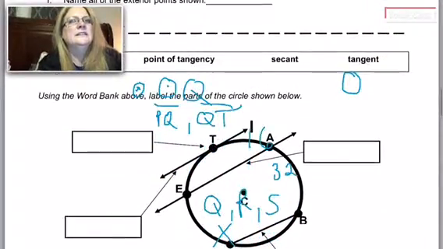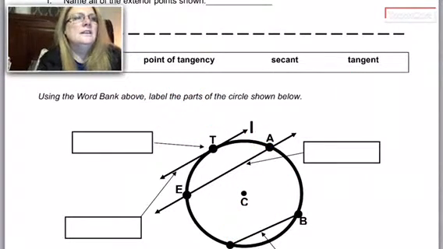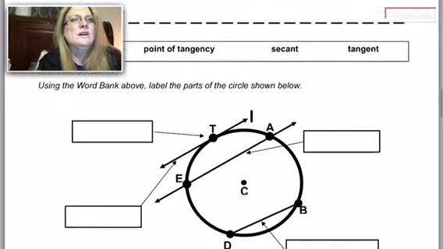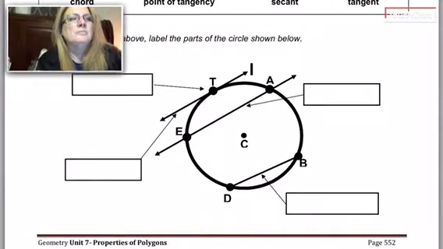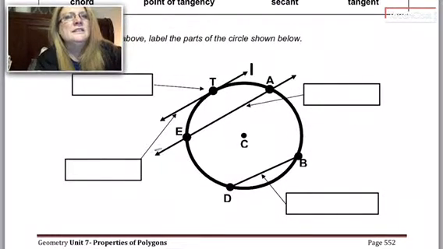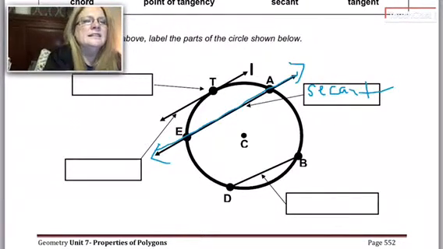In this picture here, we're just going to name these parts. All right. So there are some new definitions here. This line right here that goes through the circle is called a secant. A secant goes all the way through the circle.